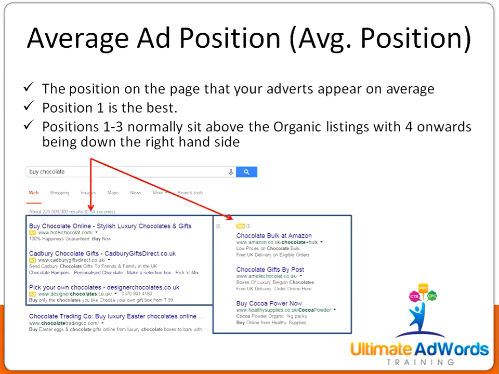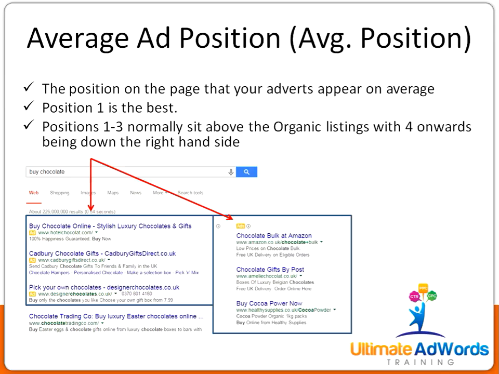Average ad position is self-explanatory, but it represents where your ad is showing on the search results page. So position 1 is obviously best, so that is the absolute top position right under the search bar, and underneath the search bar are positions 1 to 3 typically, and then on the right hand side they start from 4 onwards.